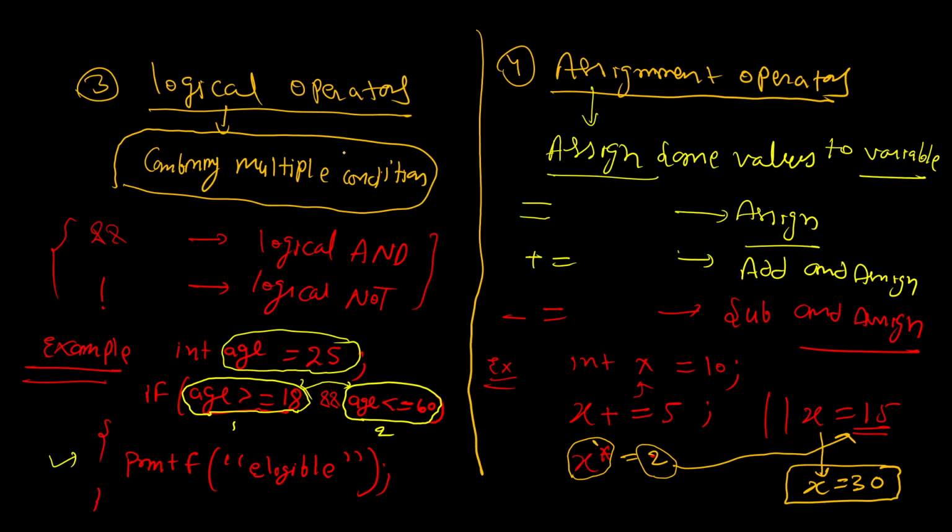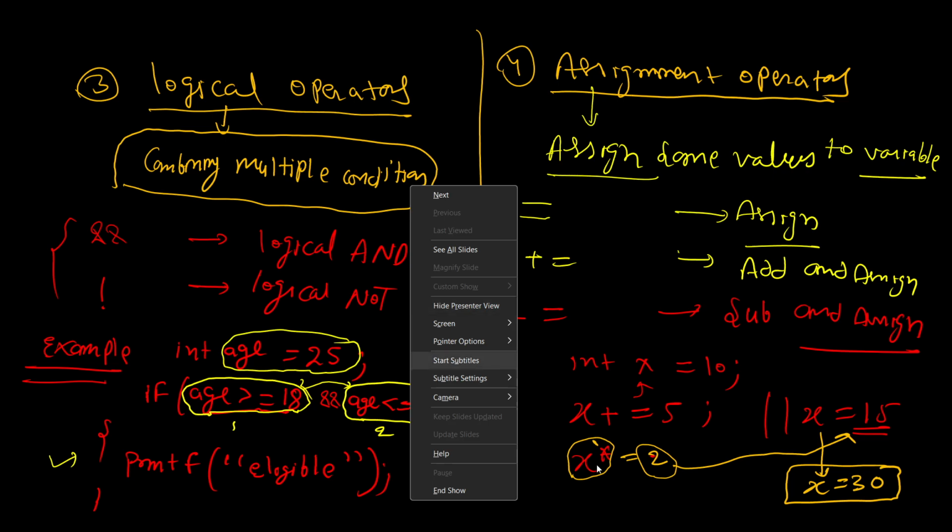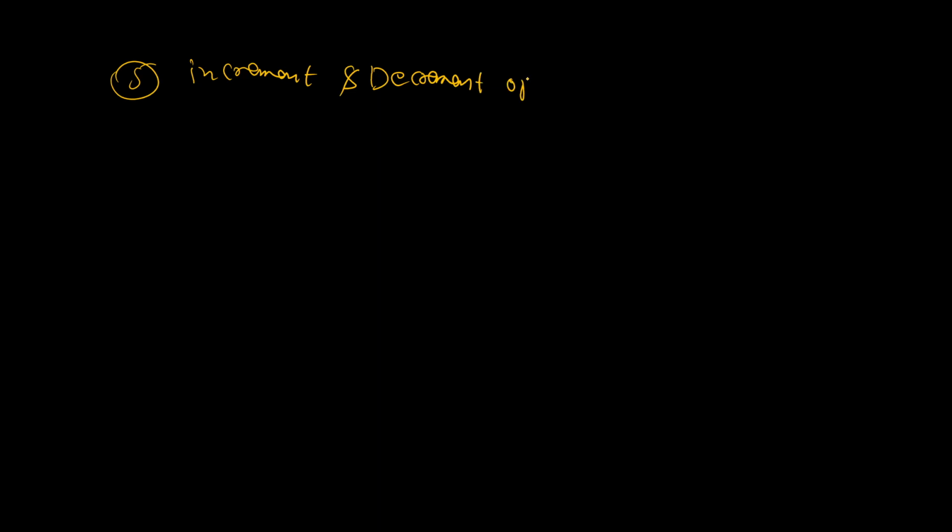Now we will move on to another type of operators. Let's see what is another type of operator. The fifth one is the increment and decrement operator. Let's understand the meaning of increment and the meaning of decrement.